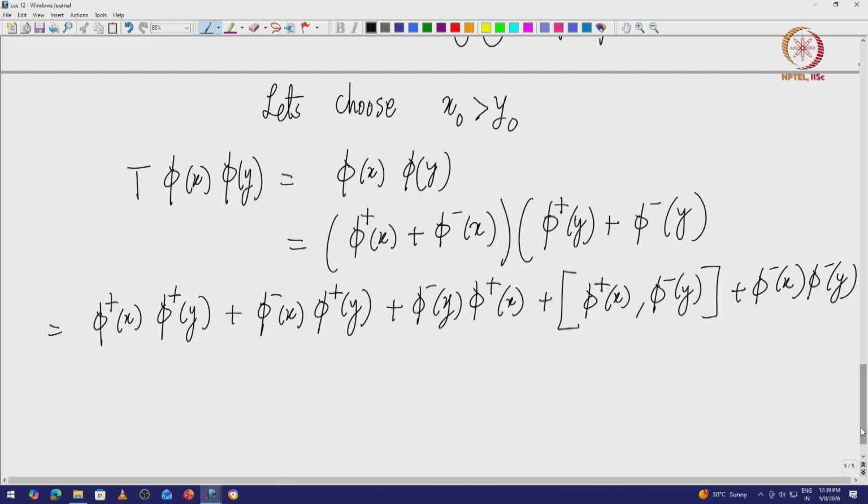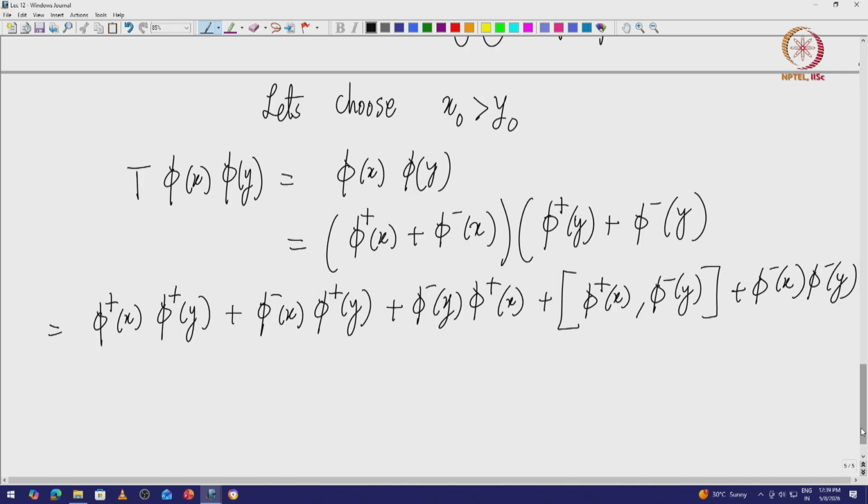And pi minus doesn't contain any annihilation operator, so once you normal order it, you leave it as this thing.